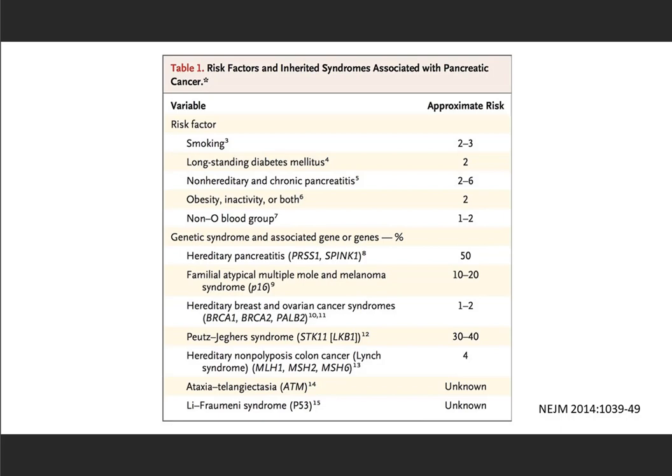There are some mutations which are more common, like the BRCA1 and BRCA2 and the PALB2 mutations associated with breast and ovarian cancer, and they have smaller but real risk factors as well, but not as high as PRSS1 or P16. And there are other mutations that, as we continue to do more research in this area and as we begin to look more frequently, I think we'll be discovering will come onto this list.